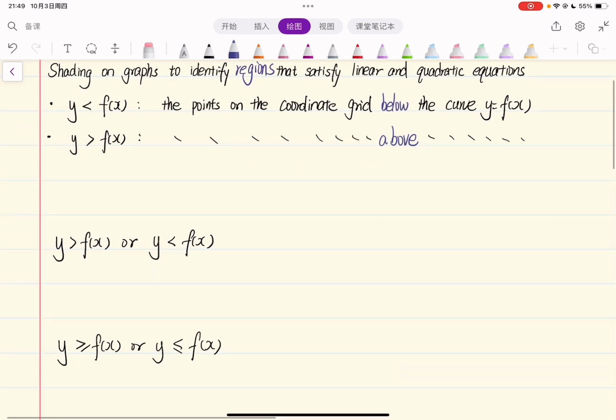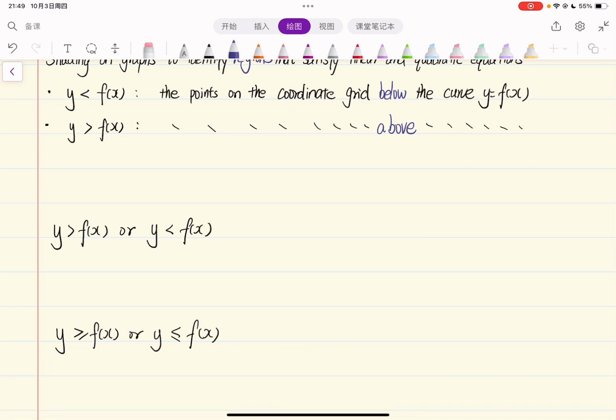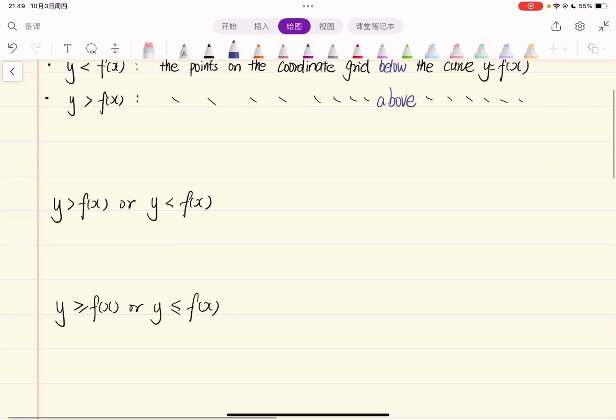When you see y greater than f(x) or y less than f(x), it means y equals f(x) is not included in the region. So when you draw it on the graph, you need to use a dotted line.